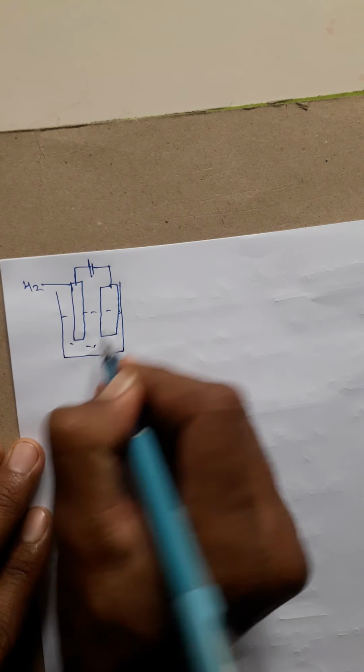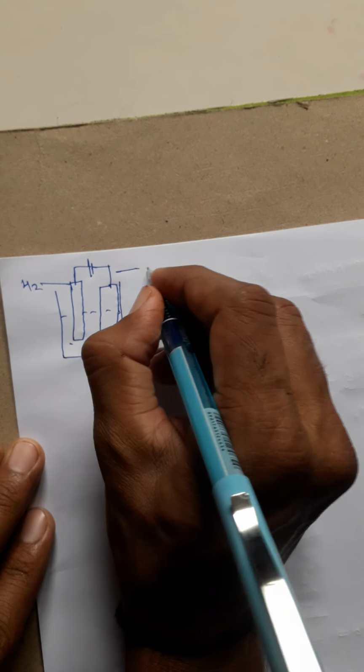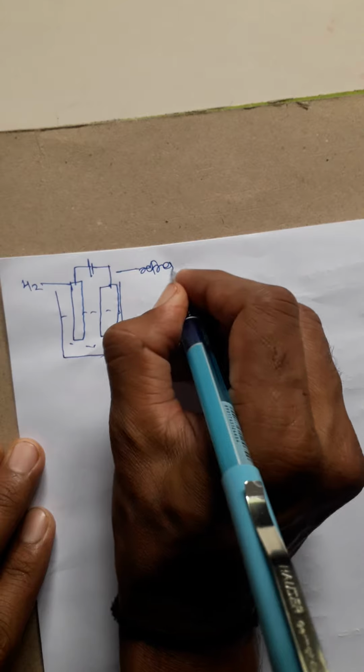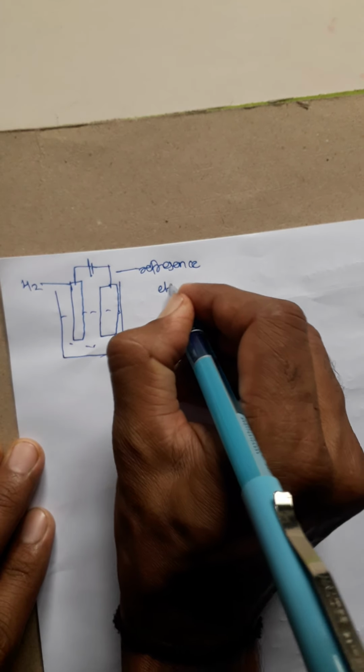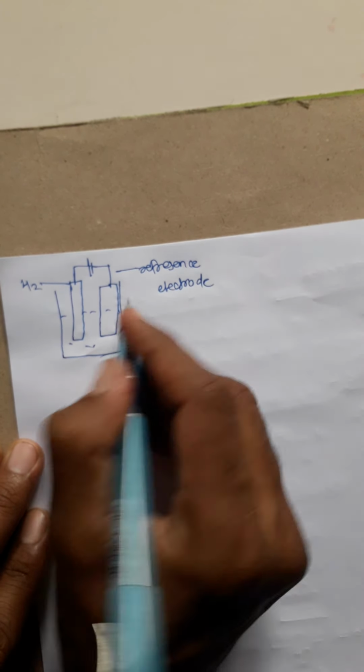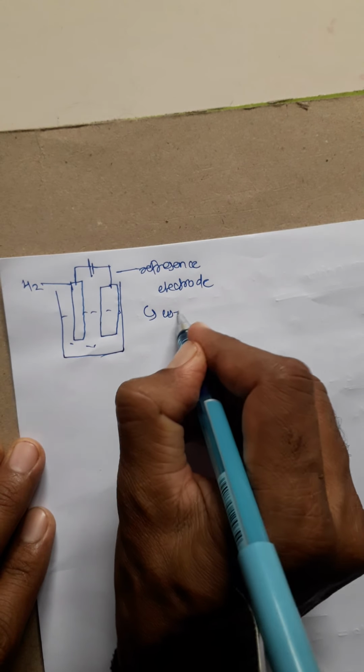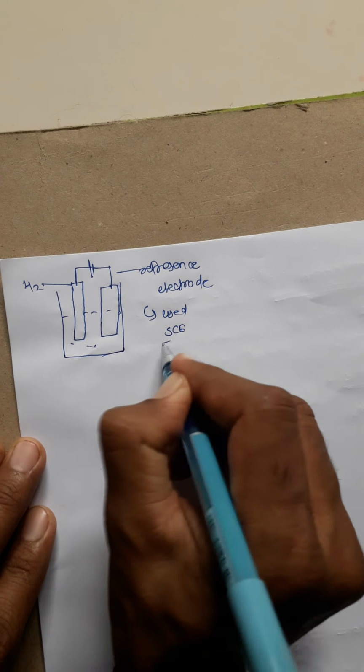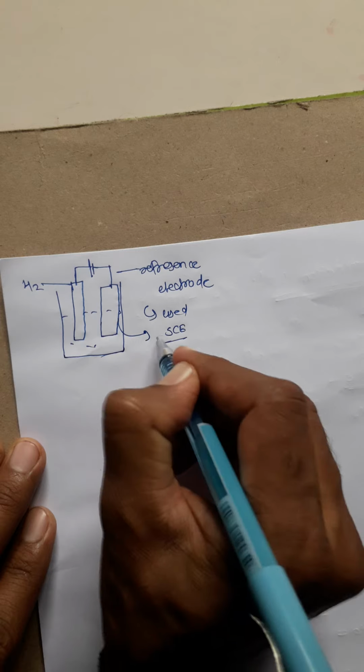This other electrode is also called a reference electrode. In this cell, the reference electrode used is the saturated calomel electrode.